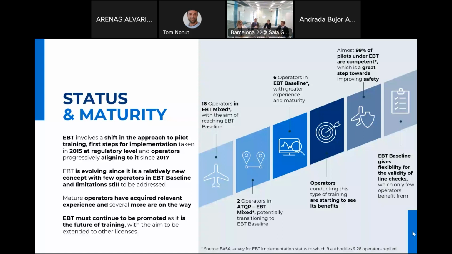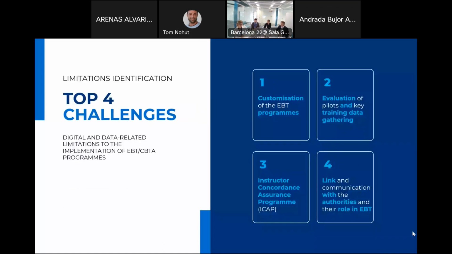And that's precisely what we need to understand, which are the challenges ahead to enhance or improve its adoption. So from a data perspective, why can we say that data-driven practice is so essential in the context of EBT? The answer lies in the power that data holds today in today's digital age.